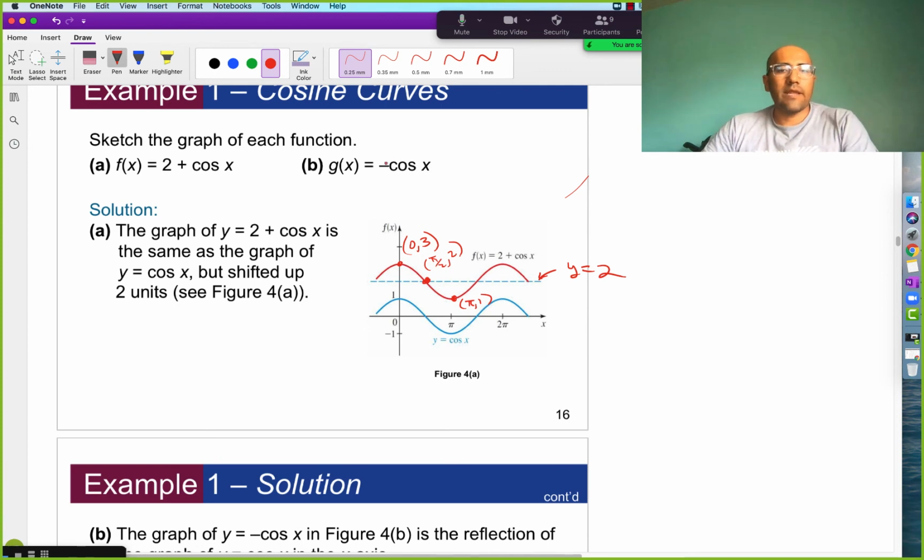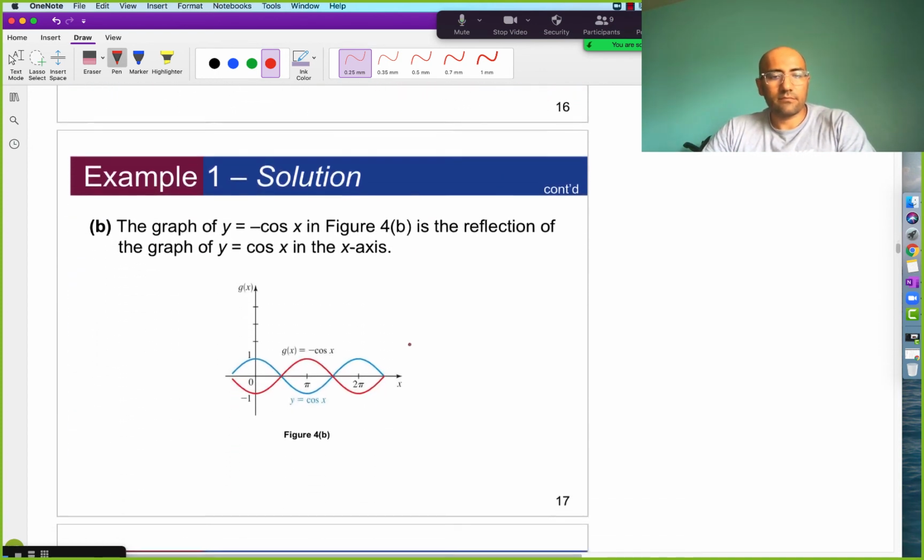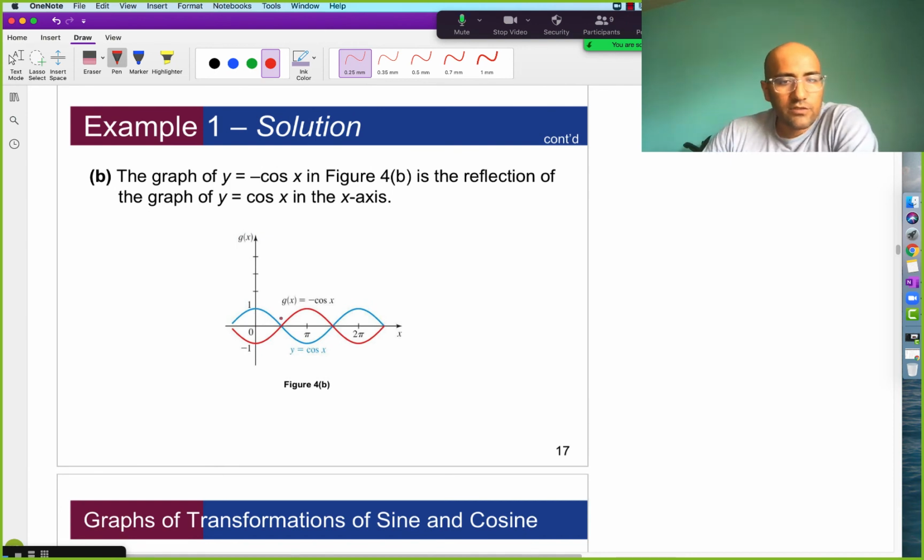Good. Okay, the next one is a reflection about the x-axis. So here's the cosine function, and then its reflection. So this point there travels down to this one. It used to be +1. A reflection across the x-axis means it goes down there. And then a point here travels to there.